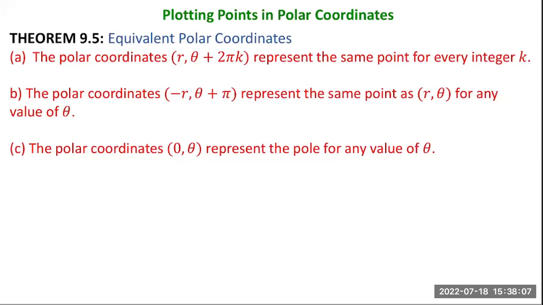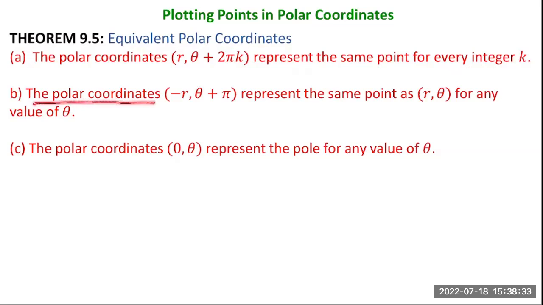Okay, next I want to go over theorem 9.5, equivalent polar coordinates. Here is the first part of the theorem. The polar coordinates r comma theta plus 2 pi k represent the same point for every integer k. What does that mean? Is that true? Can we see that geometrically? First of all, let me walk you through the other two parts.